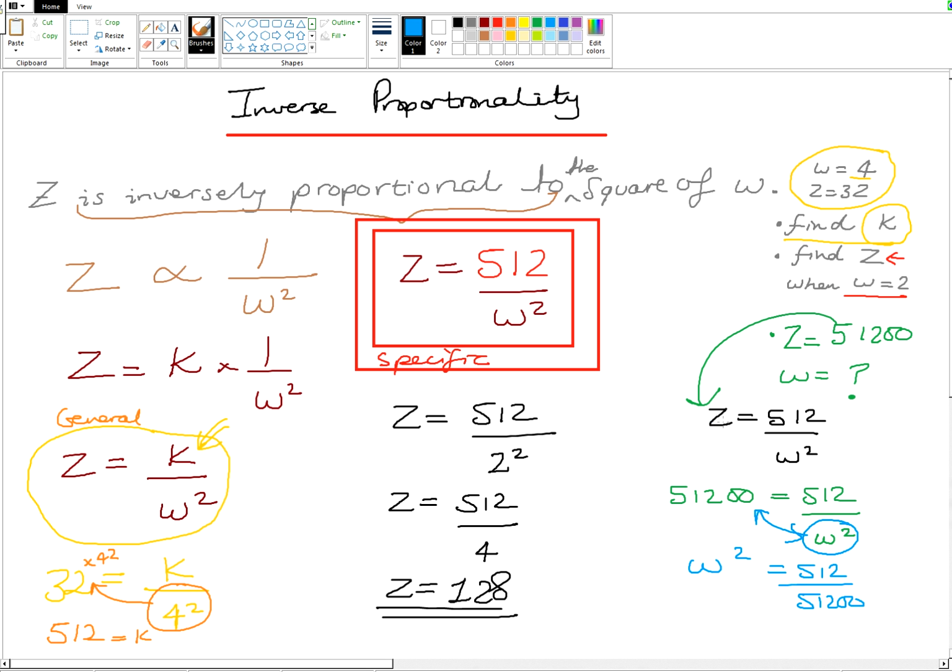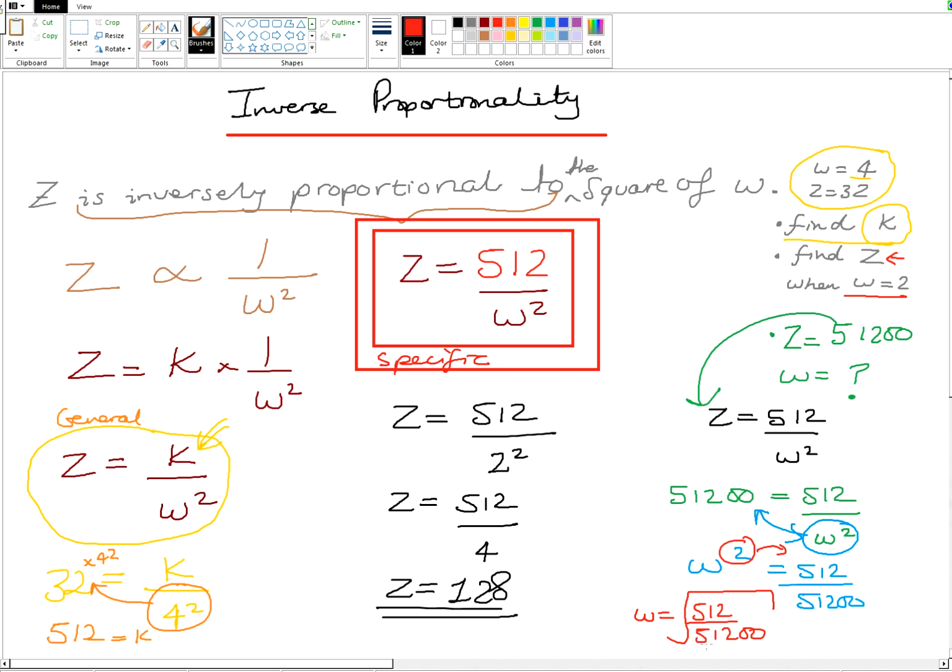Now, I want to work out what W is. So I need to take the squared over and it becomes the square root. So W is equal to 512 divided by 51200, all of it square rooted.